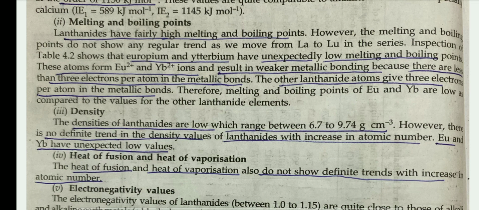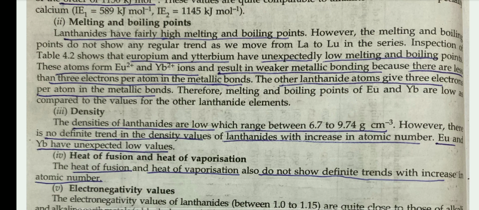These atoms form Eu2+ and Yb2+ ions and result in weaker metallic bonding because there are less than 3 electrons per atom in the metallic bond. The other lanthanoid atoms give 3 electrons per atom in the metallic bonds. Therefore, melting and boiling points of Eu and Yb are low as compared to values for the other lanthanoid elements.